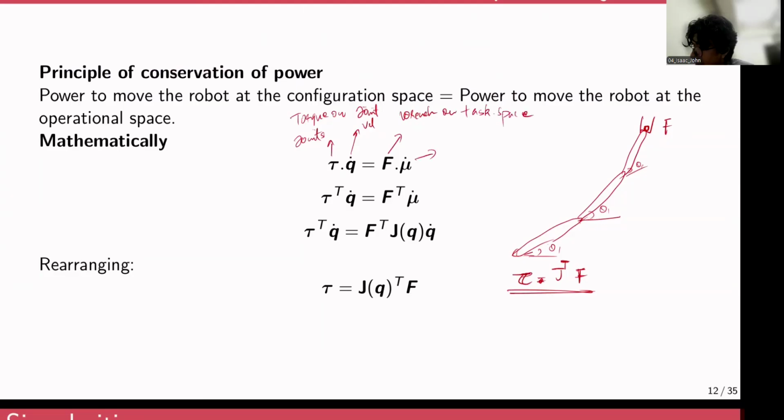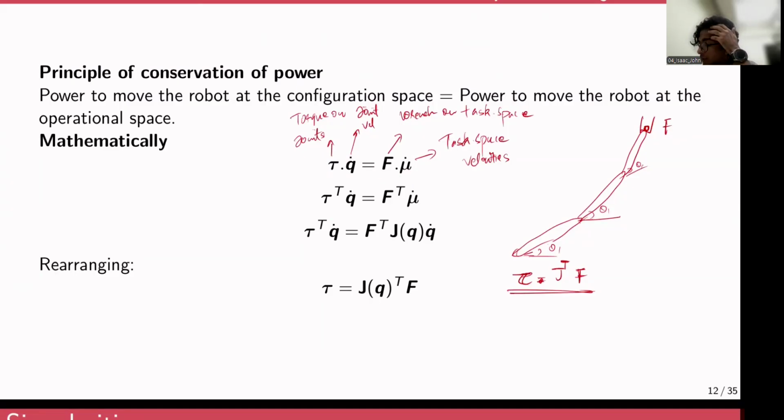And this is the task space velocities. And a wrench multiplied by its corresponding velocity is nothing but the power, right? So power is always conserved. It's still the same. If you compute the power in joint space, or if you compute the power in task space, it's conserved. It's still the same, right?